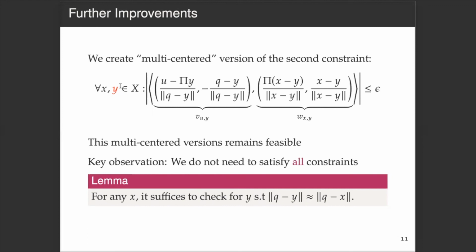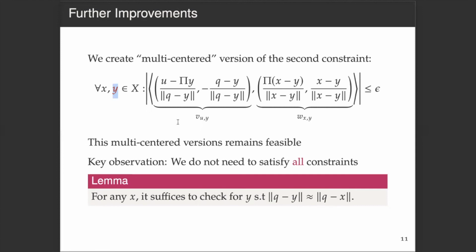So our earlier construction only required us to satisfy this constraint when Y is the nearest neighbor X star. But now we will require it to hold true when Y is chosen to be any point in the data set. So this is somewhat paradoxically an even stronger constraint than the one we had before.